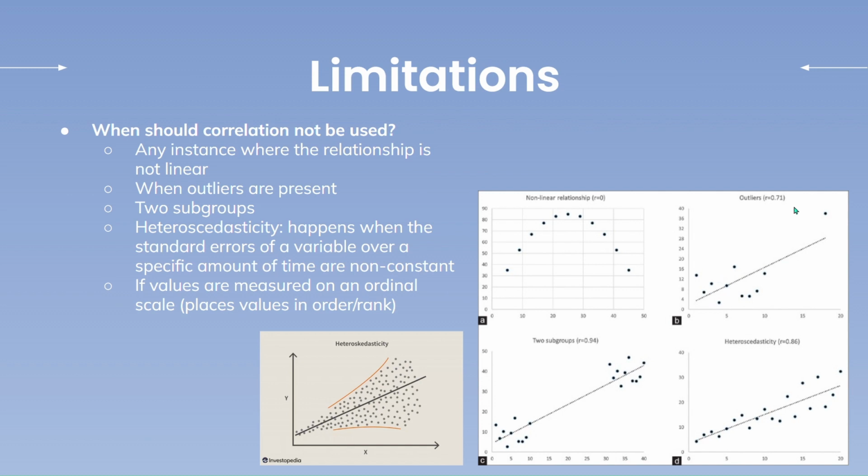And then heteroscedasticity happens when standard errors of a variable over a specific amount of time are non-constant, as depicted here. In here, they stretch out in different directions, which again makes it hard to make predictions and understand which variables correlate. And also, correlation should not be used when values are measured on an ordinal scale, which is based on order and rank.